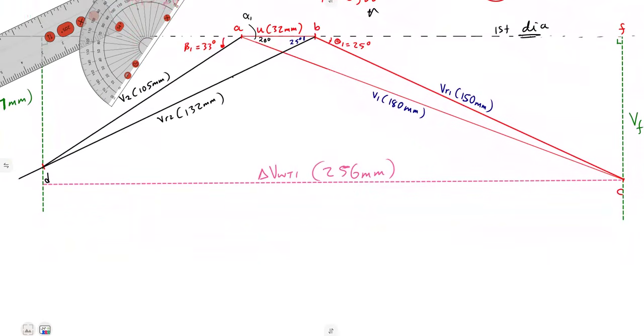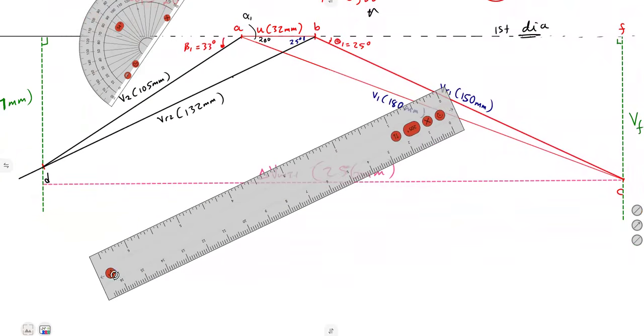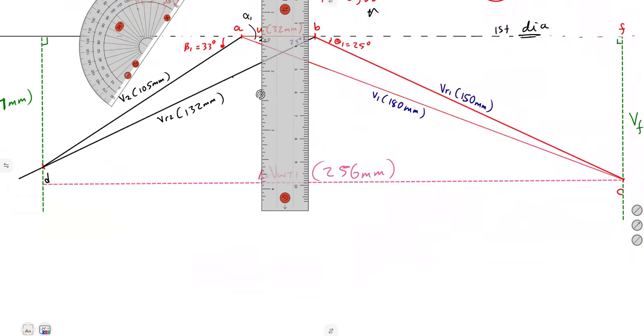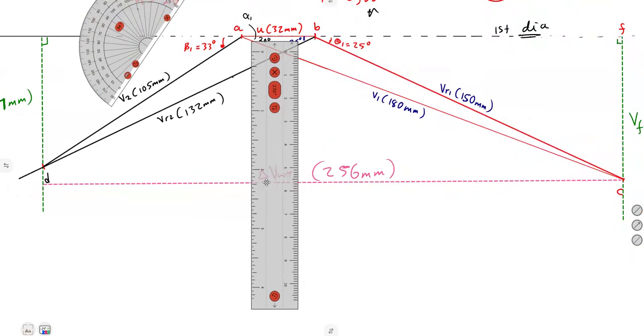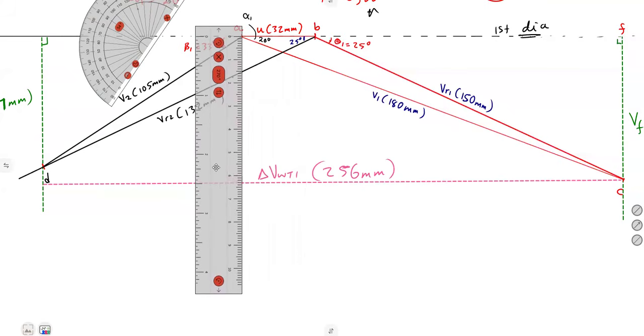Taking from our first diagram, we were going to extend from points A and B. So from A, you extend that going down.